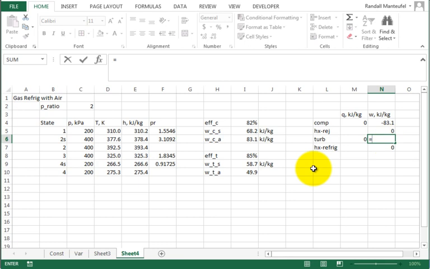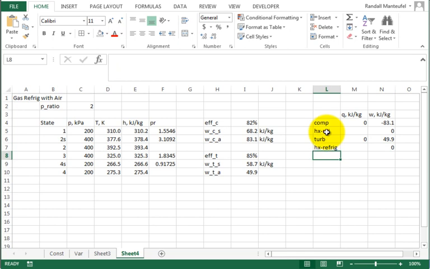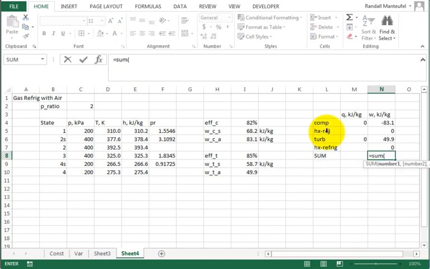Well, it just calculated 49.9 out. So if you want to do the sum, we can do that right here. The sum for the work per unit mass for each of the devices, and it's negative 33.2. The negative sign makes sense. It's power into the cycle or work into the cycle.